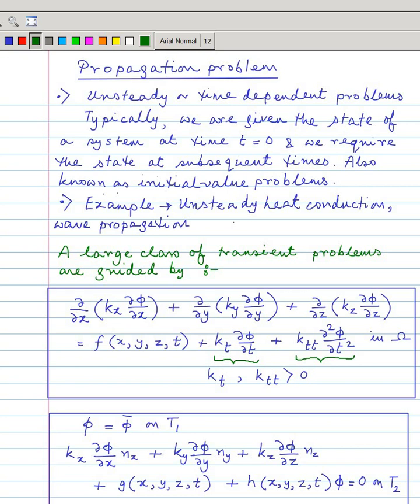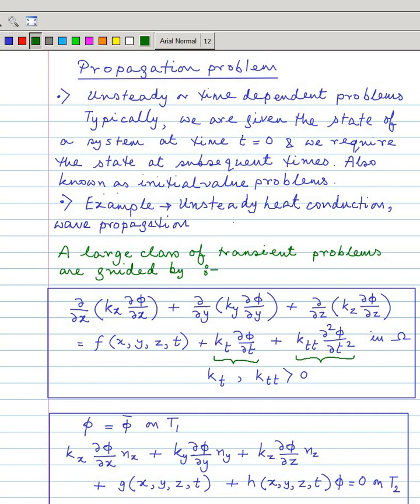These are also known as the initial value problems. The examples are unsteady heat conduction problem, wave propagation problem, etc. And a large class of transient problems are guided by this equation.